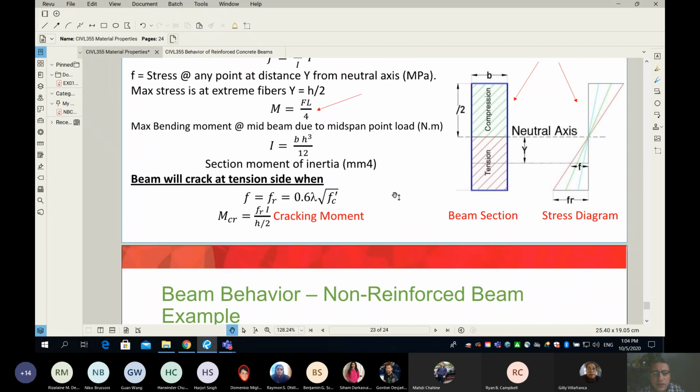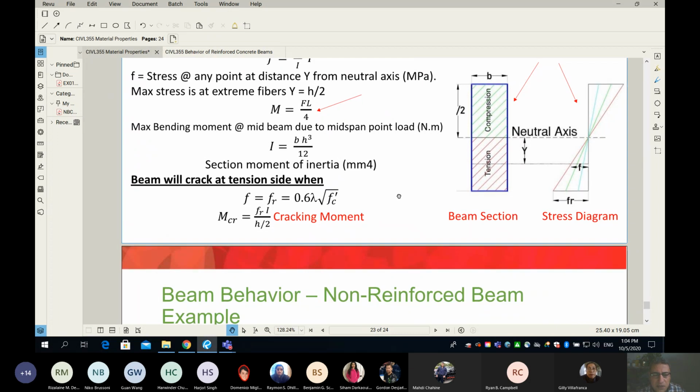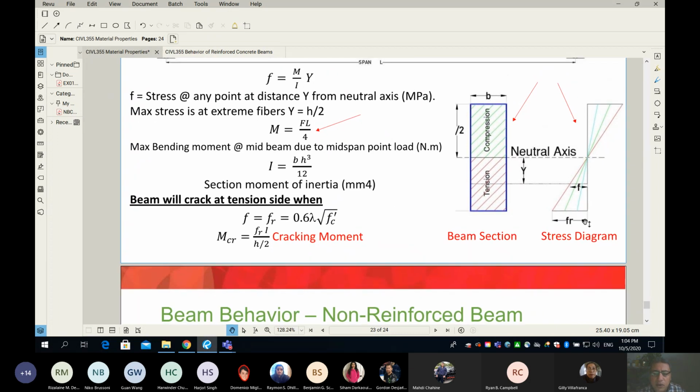Now, as I said, the beam cracks when the stress at the bottom fiber becomes the modulus of rupture. And look at this equation here. We know that the modulus of rupture is connected to the compressive strength using this equation from the code: 0.6 times lambda times square root of f'c. And you guys know for normal density, lambda is equal to 1.